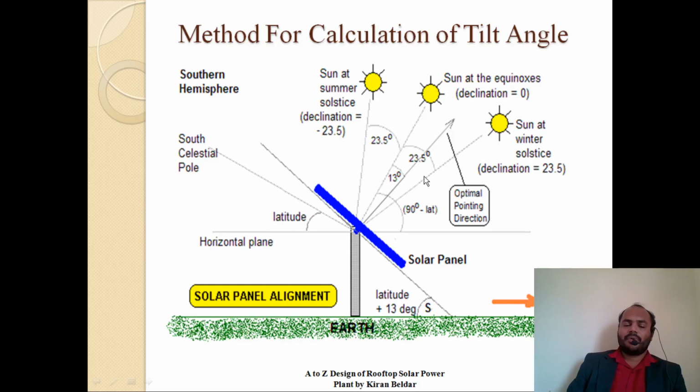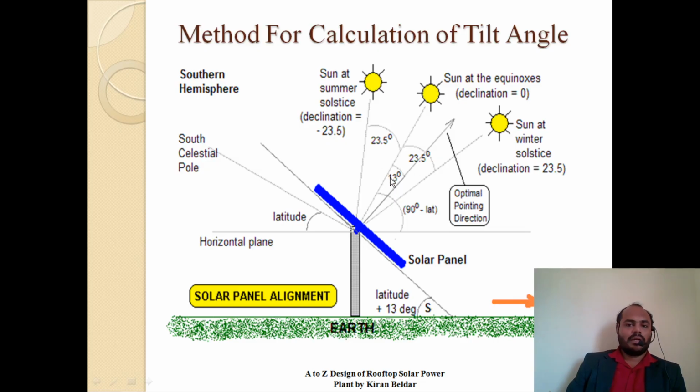Now it is very important when we draw a perpendicular to the solar panel. With respect to the sun at the equinoxes, when the declination angle is 0, the angle of the perpendicular of the solar radiation is 13 degrees.